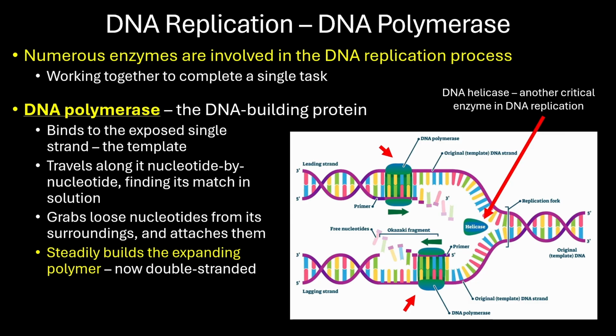In the space where this building is taking place, there's going to be a lot of loose nucleotides. It is going to be grabbing nucleotides from the environment and building them one by one. Along the way, it will steadily expand that growing polymer. As it builds, we are taking one single-stranded molecule and turning it into a double-stranded molecule, creating the opposite side.